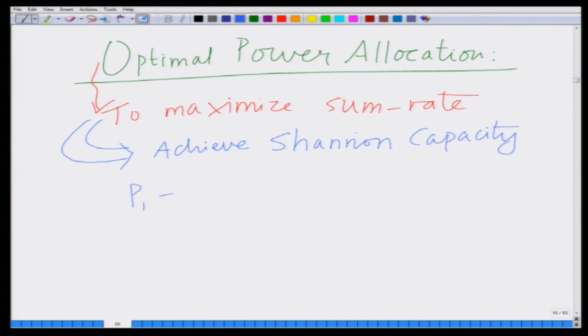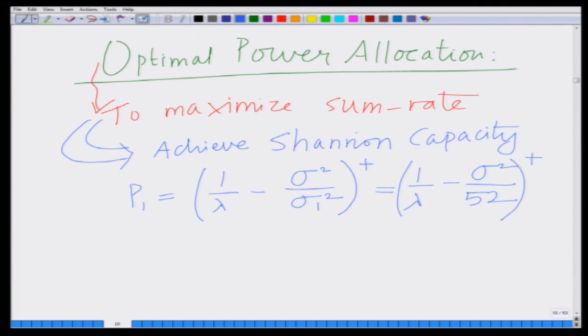I have P1 equals 1 over lambda minus sigma square divided by sigma 1 square, superscript plus, which is 1 over lambda minus sigma square divided by 52.